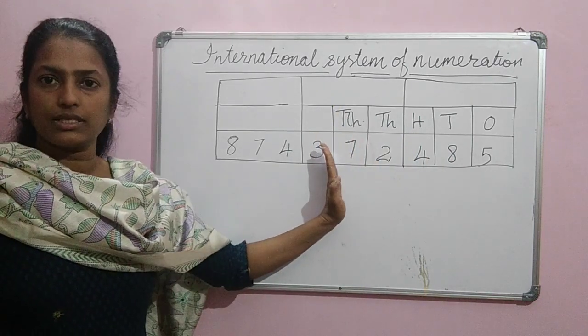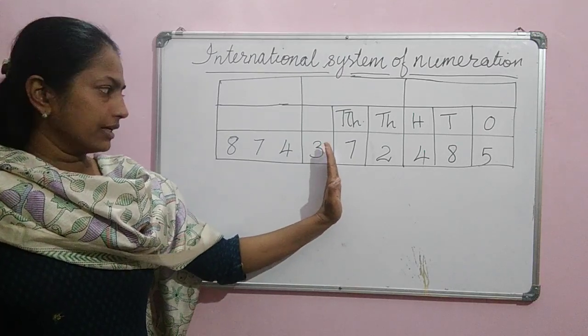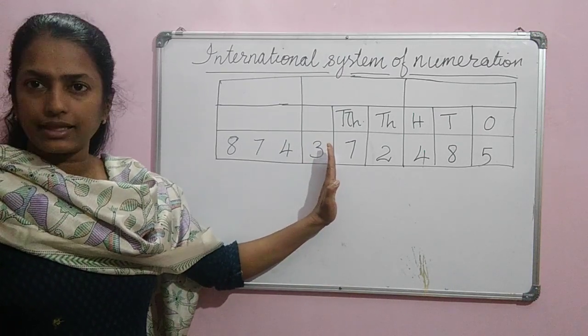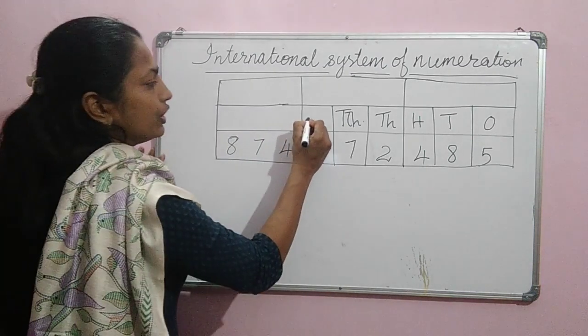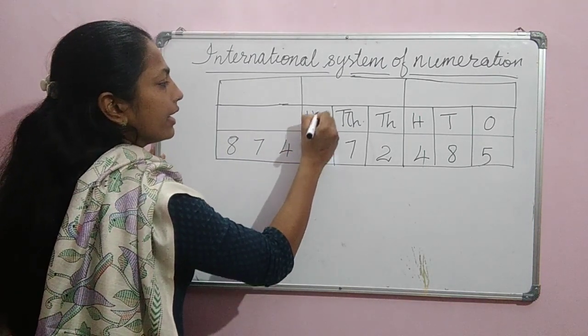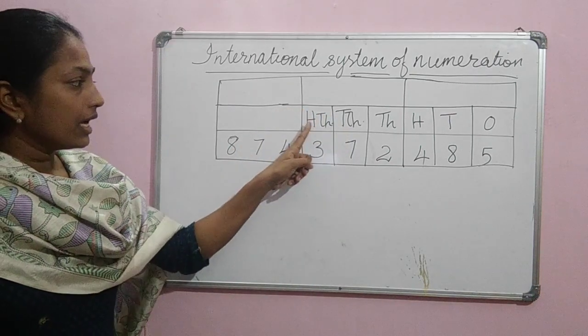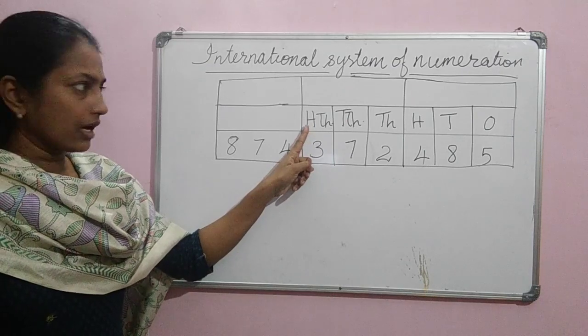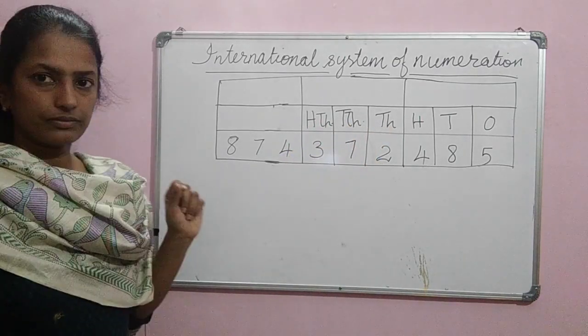After 10,000, in the international system, it continues with 100,000s. So 1,000, 10,000, 100,000.